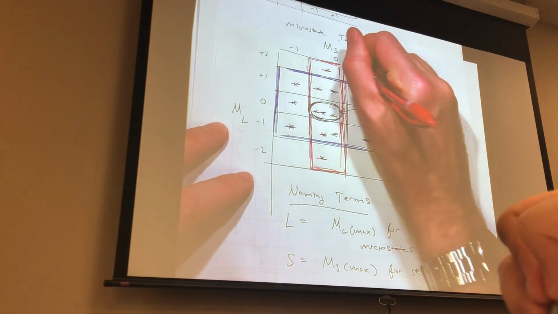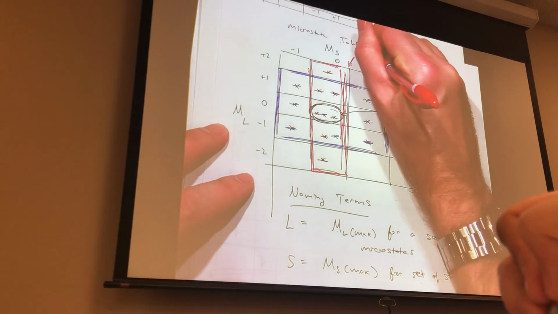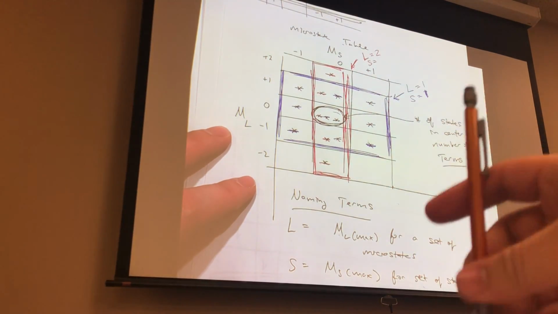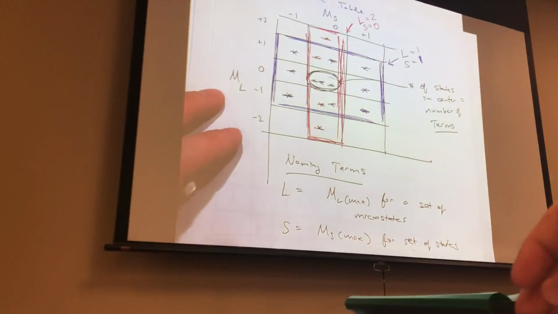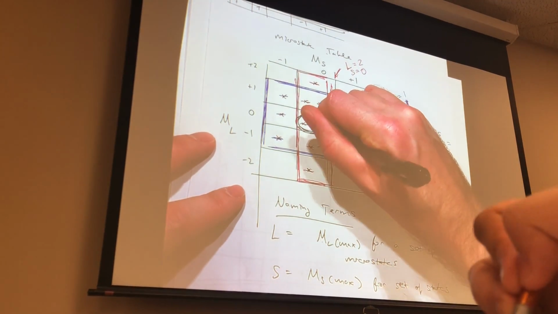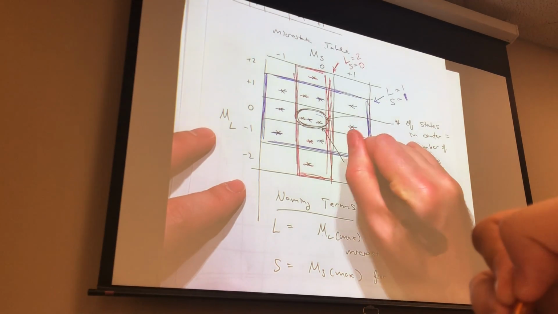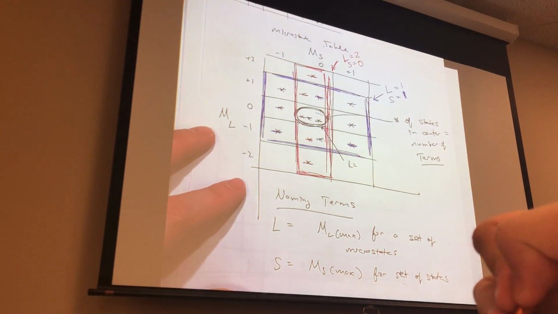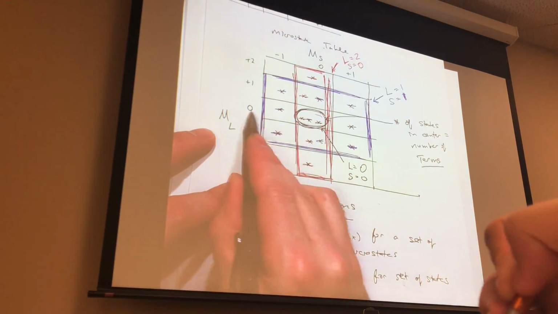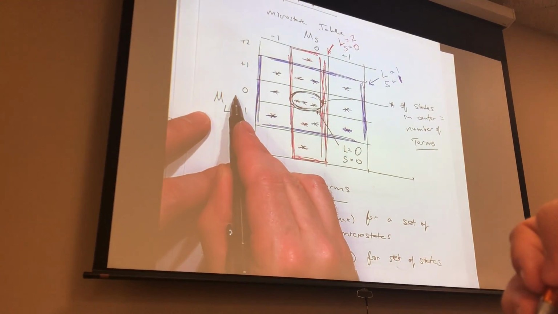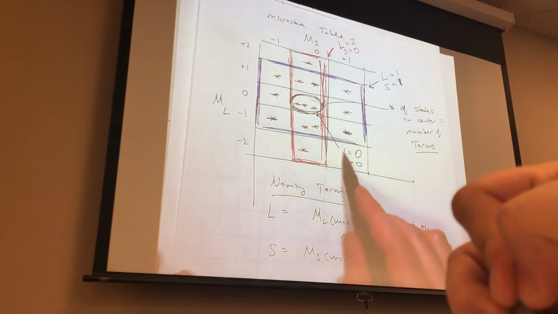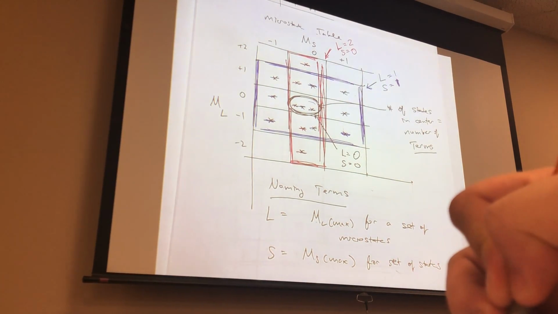Okay, for this set, what are L and S? L is 2, S is 0. And for our middle box, our maximum spin is 0, our maximum M sub L is 0. So again, the L here is the range of angular momentum values.